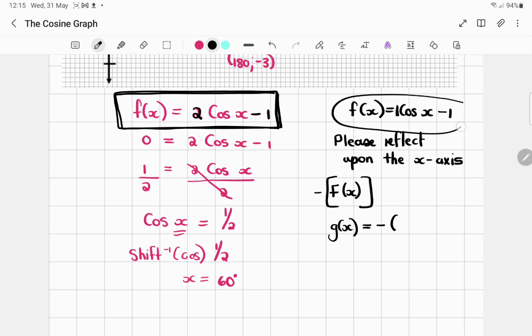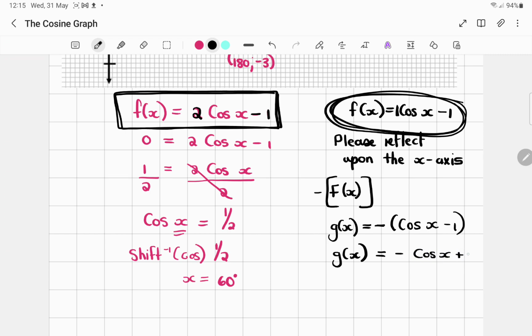Let's reflect this one over here. Okay, so if you reflect it upon the x-axis, your whole y must change. So the negative goes in front of your whole equation, which is 2 cos x minus 1. So what will happen with the reflected graph? It will be negative 2 cos x plus 1, because the negative goes to both values over there.